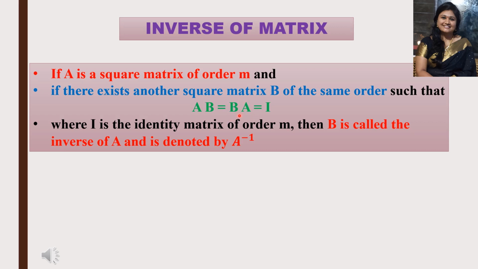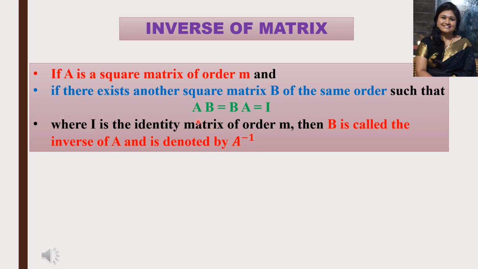B. If we multiply these two, that is A into B and B into A, then the value is the same, that is I, and I is the identity matrix of the same order M. If A into B or B into A gives the identity matrix of the same order, then B is called the inverse of A, and it is denoted by A inverse.